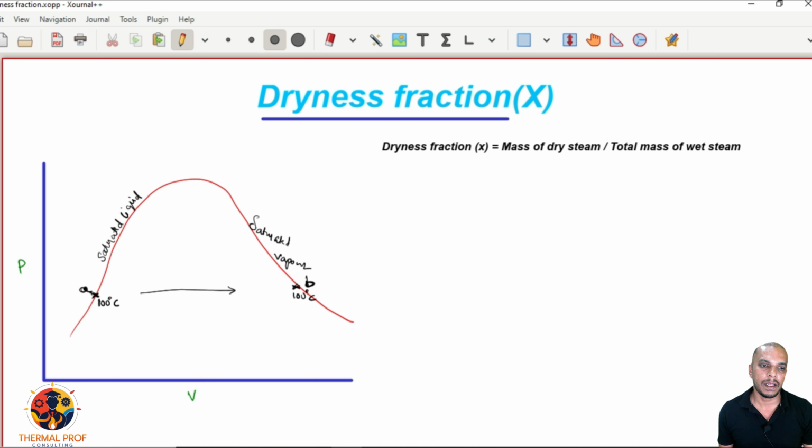Now, if we take 1 kg of water, it will be liquid here. If we keep adding heat, the same 1 kg will be converted completely into steam. If you take a pressure cooker with 1 kg of liquid water at 100 degrees Celsius, operating at atmospheric pressure, boiling starts.